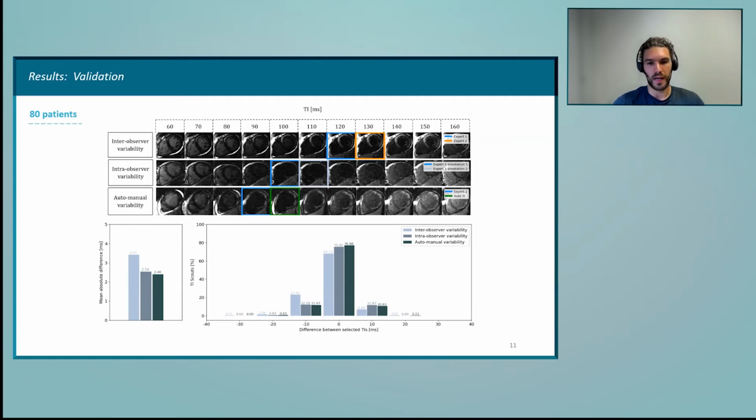Because we have this consensus and the images look really close to each other, the ones that are selected don't differ that much. I think this is just a claim to say that if we use it, we won't be able to tell, hopefully, if it was the automated algorithm or the manual expert in this case. But we have to test it with more data sets.